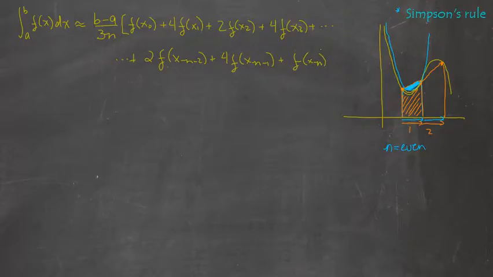So it's very similar to the trapezoid rule in the fact that the first and last terms have no multiplier, but each term in between has a pattern of 4, 2, 4, 2, 4, 2, 4, 2 until you get to the end.